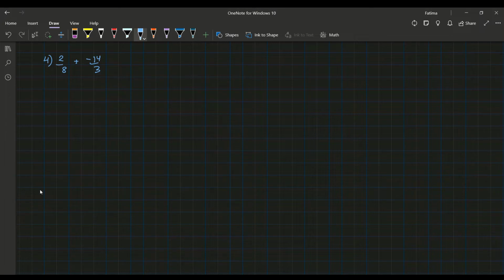So although there is a plus sign over here, you should know that if you add a positive integer with a negative integer, it is the same as subtraction. What I mean is 2 by 8 plus negative 14 by 3 is the same as 2 by 8 minus 14 by 3. You can try this on your calculator and see that it is in fact true.